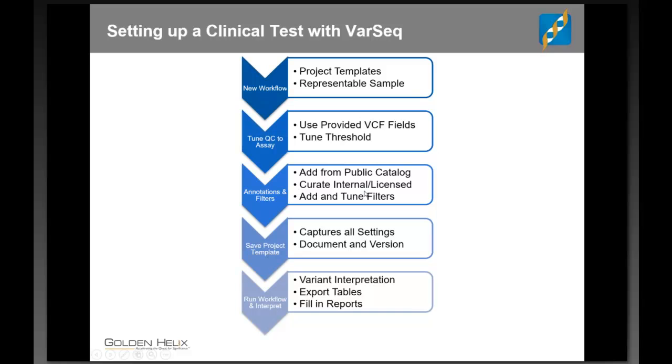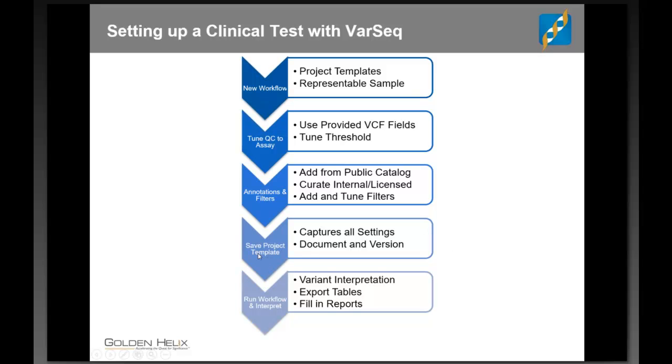I also should mention that if you can't find what you're looking for in our public catalog, any standard text file containing genomic coordinates, bed files, VCF files, you can convert those into annotations that are put into your test and locked down. This includes things like HGMD. If you have the offline version of HGMD, you can convert that and add that to the project as an annotation.